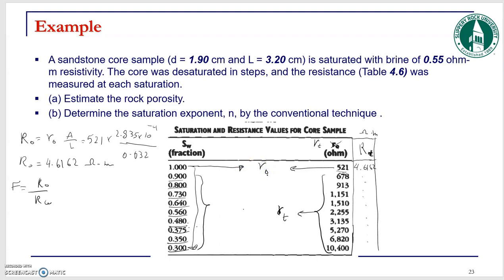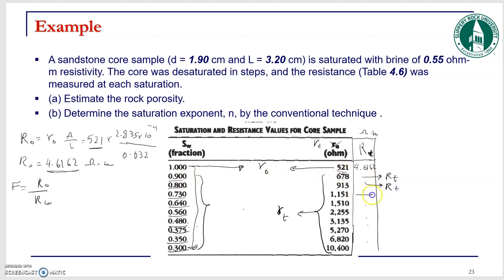Okay, this is very important. R0 is the resistivity of the core sample 100% saturated with water, which is the first data point of this table, right? And the rest of the data points are Rt values. So you can see I used R0 from the first data point. Whatever number you measure at the other points, they are Rt at that specific saturation.